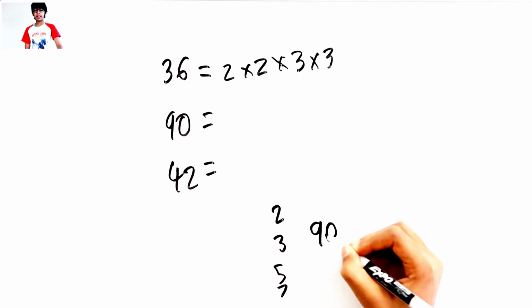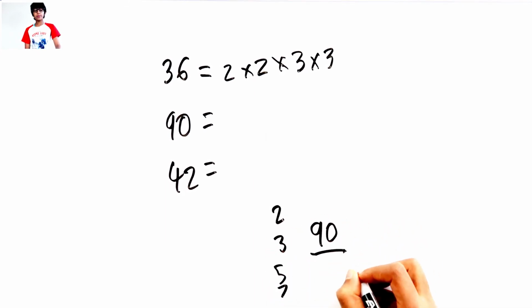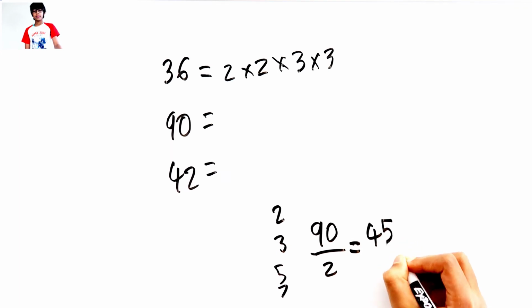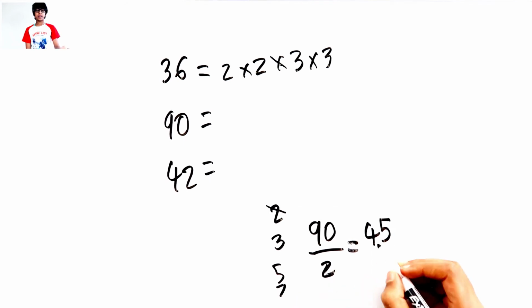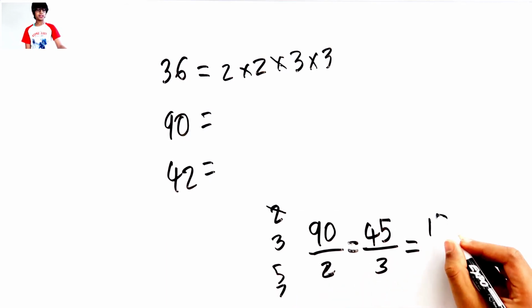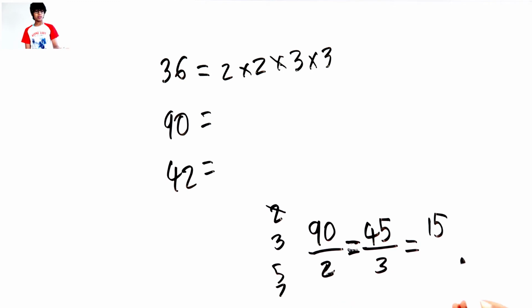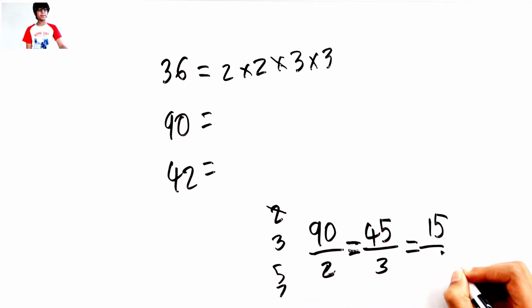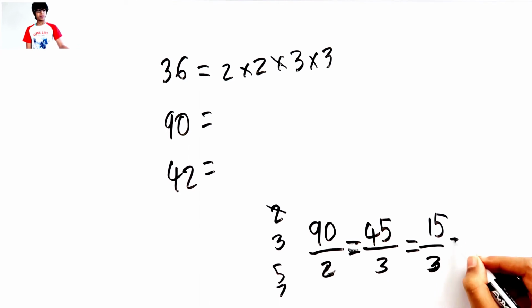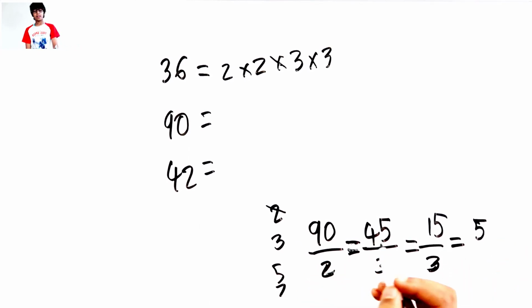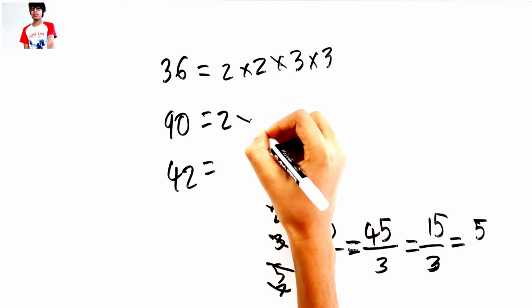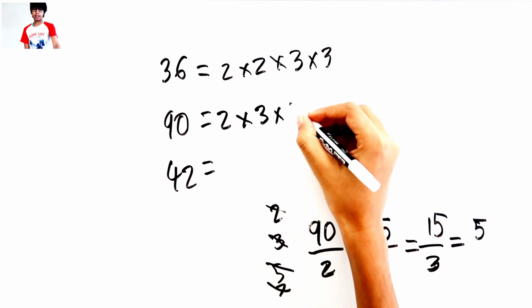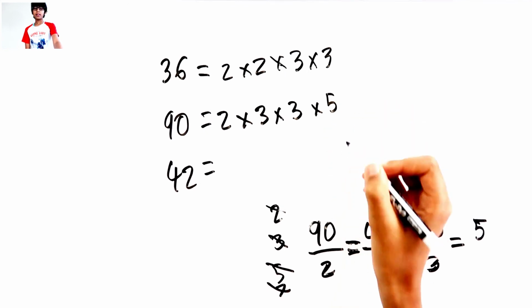So now let's write 90 here. 90 can be divided by 2, which is 45. 45 cannot be divided by 2. 45 can be divided by 3, which is 15. 15 can be divided by 3, which is 5. 5 cannot be divided by 3, 5 cannot be divided by 5, 5 cannot be divided by 7. These are the prime number factors of 90. So there are 2, 3, and 3 again, and 5.